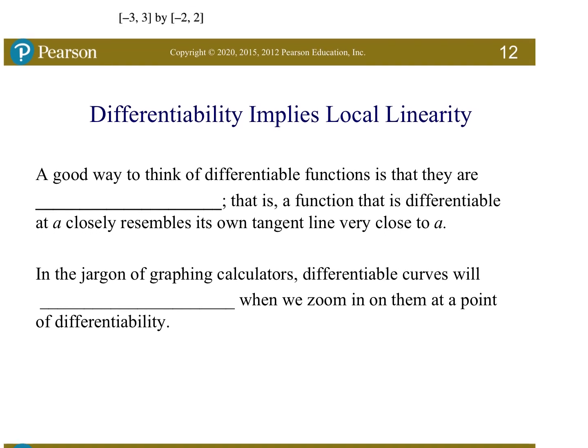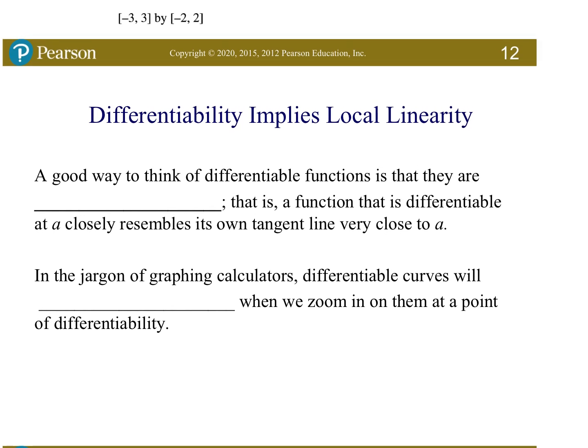All right, almost done. Okay, a good way to think about differentiable functions is that we say they are locally linear. Locally linear means in any given section on a graph, if you zoom in close enough, it will eventually look like a line.